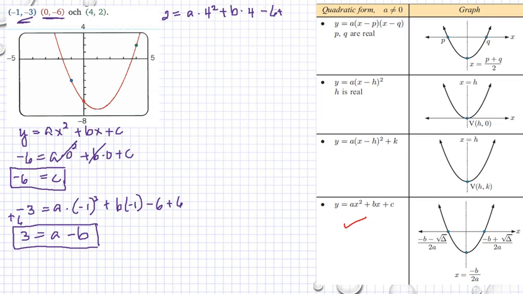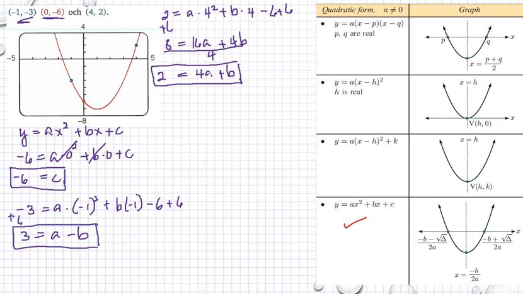I don't know where 4 came from. Plus 6. And we have 8 is equal to 16a plus 4b. If we divide all by 4, then we have 2 is equal to 4a plus b. Okay, this is the second equation that we can use.